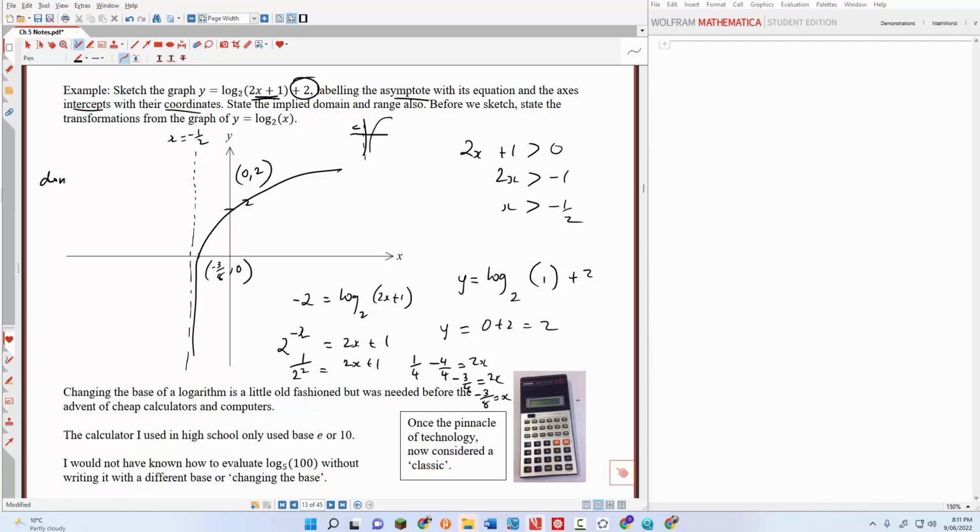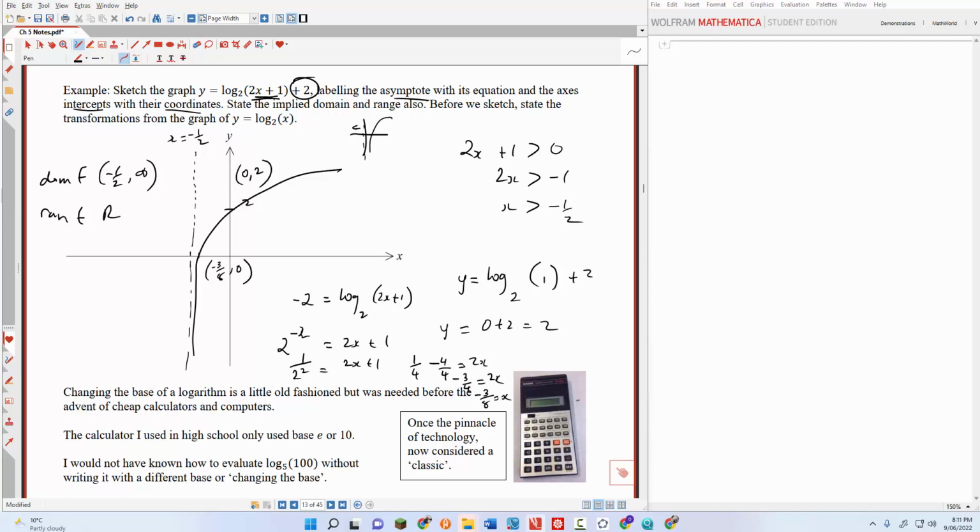Okay, so the domain of f is going to be the smallest loggable value, which is negative a half, but you can't log it, to positive infinity, and the range of the function is going to be all real numbers.